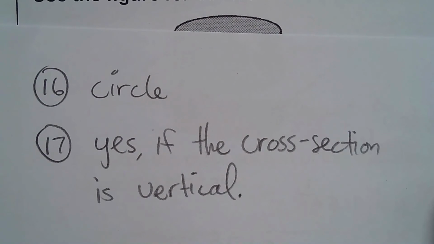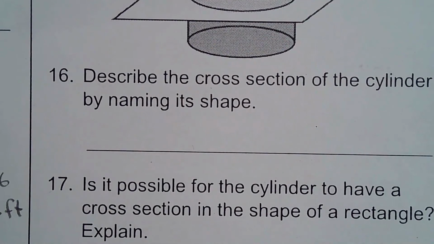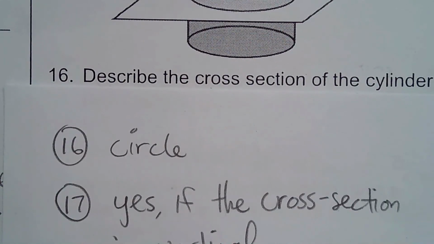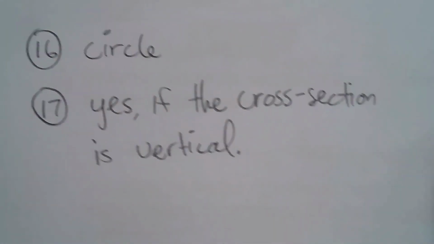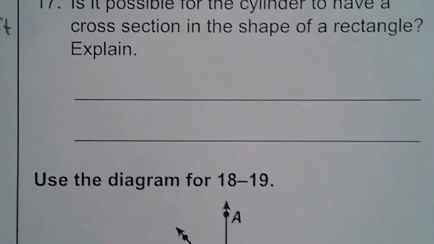Let's see, how much space do we have here? I guess that would have to be good enough for now. Explain 17. We're not given much room to explain, so I guess that would have to be enough.